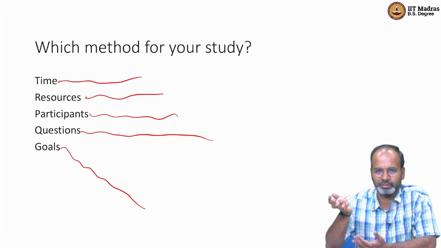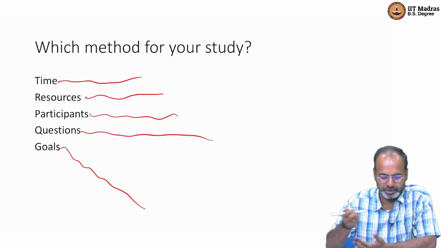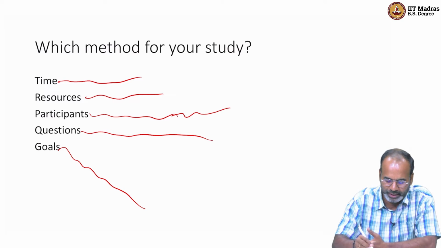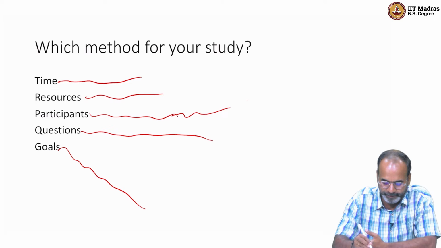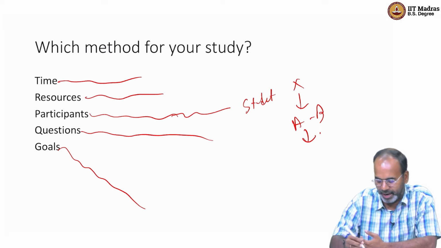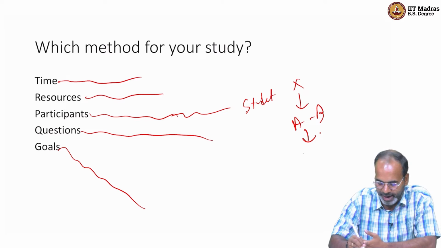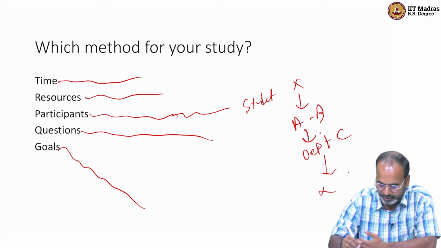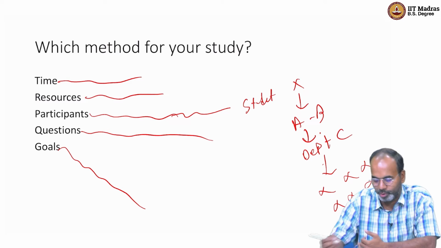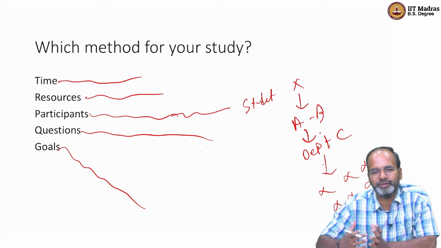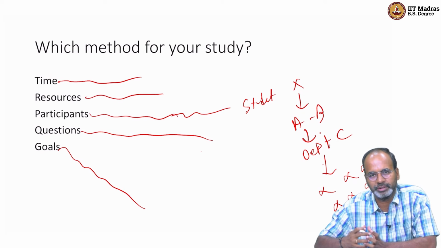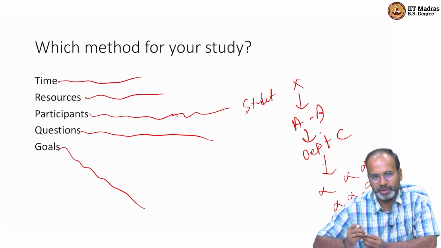Because if you don't have access to participants, let's take you're doing a study for understanding students studying in a city X within the age group A to B and studying in a department C and something specific, taken a course on this topic. It becomes very, very hard to get these kinds of narrowed down participants, right?